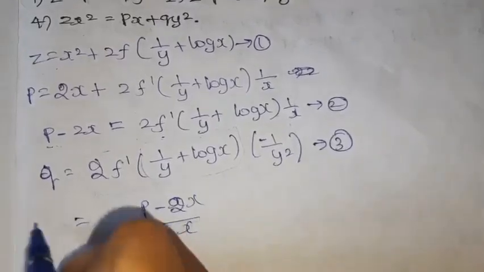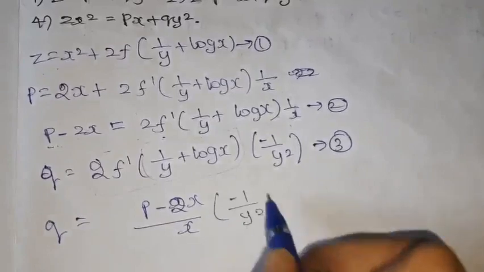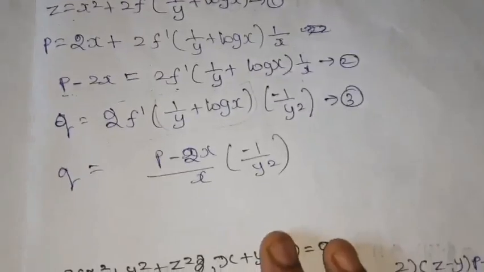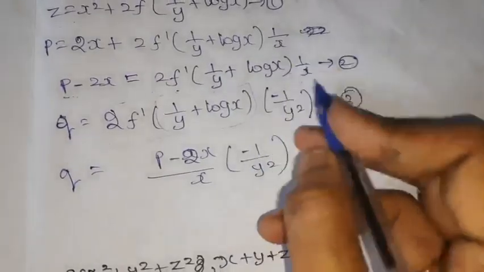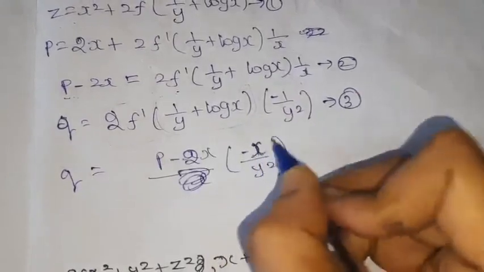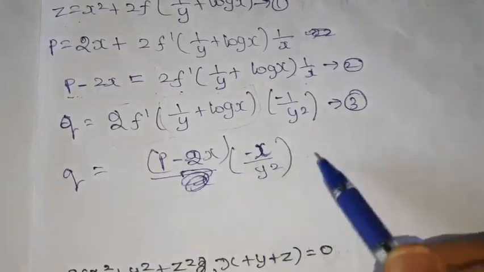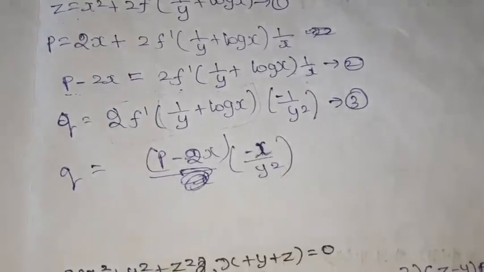So q equal to, in left hand side, into 1 minus y squared. So what we will get? p minus 2x, 1 by x goes to that side as multiplication. So q equal to p minus 2x into minus x by y squared.